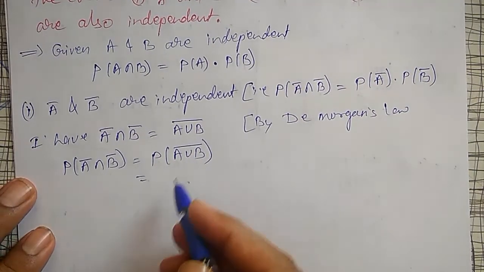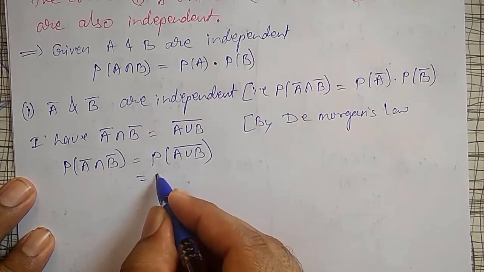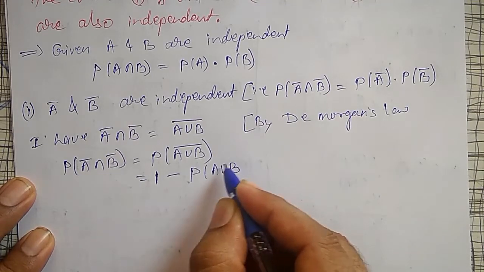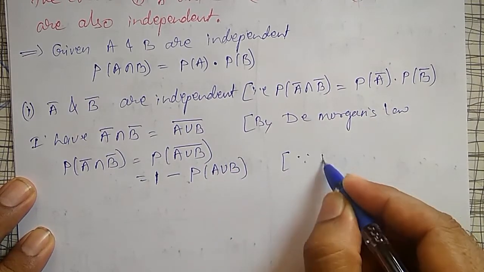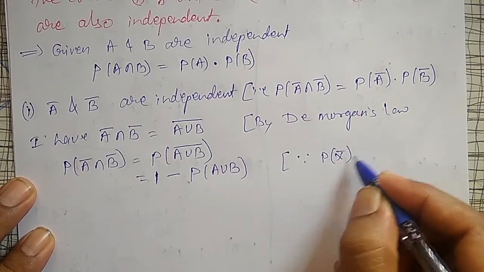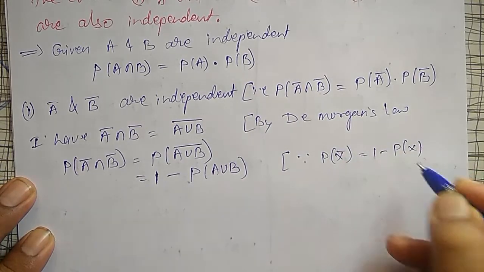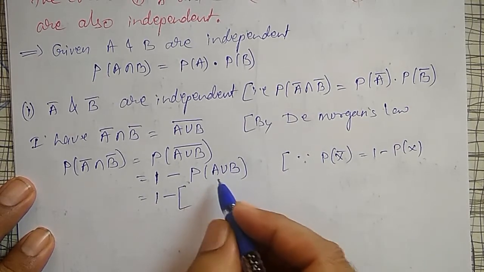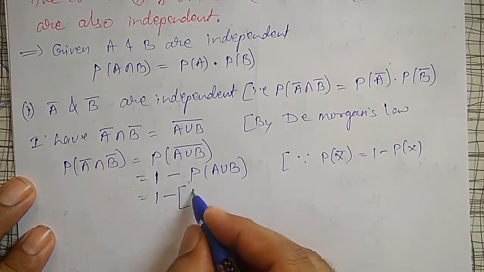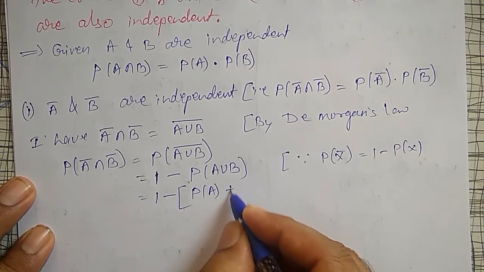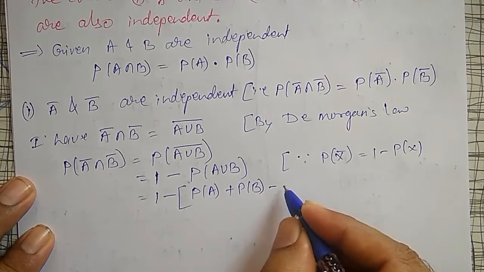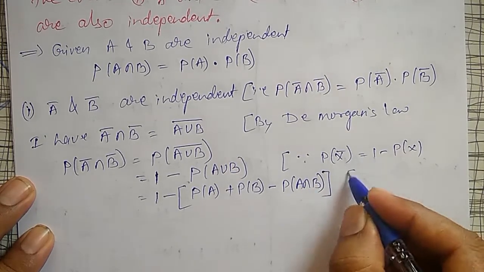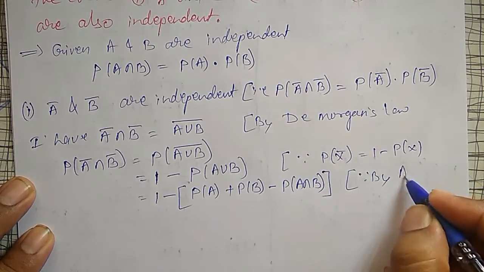Then what I can write here is 1 minus probability of A union B, since probability of X bar is equal to 1 minus probability of X. Like that, 1 minus, using the addition theorem, A union B can be written as probability of A plus probability of B minus probability of A intersection B. This is by the addition theorem.